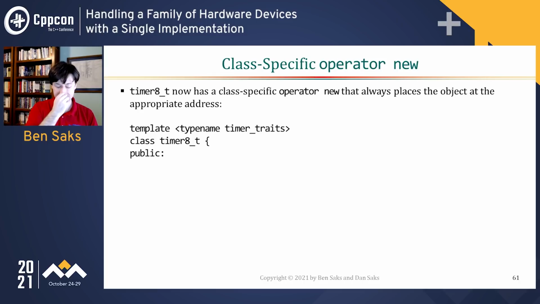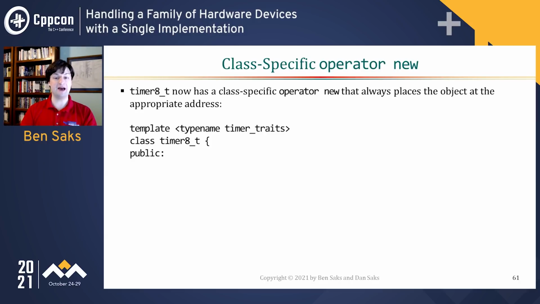When you write X* px = new X, that use of new is saying, go find a piece of memory that can be used to hold an X object and give me that so that I can construct an X object in that space.